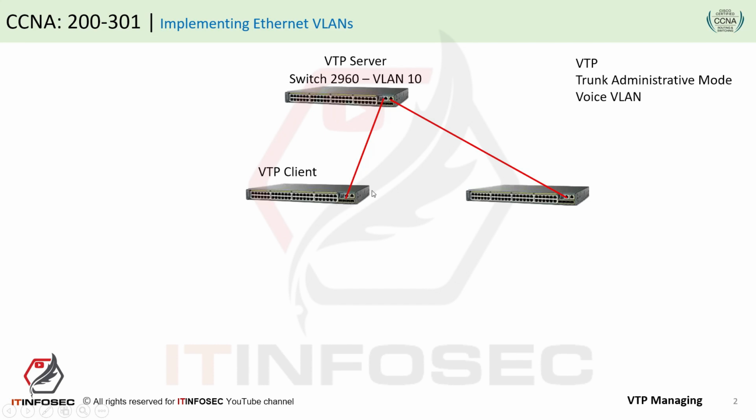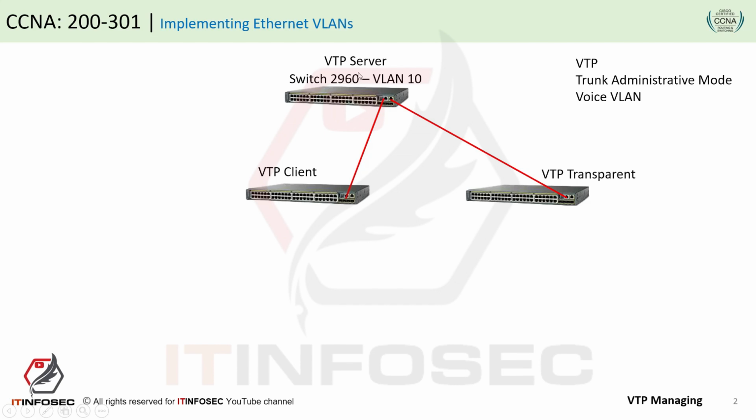But another mode is present in VTP, and that is VTP transparent. What is VTP transparent? It's very much like its name. A switch using this mode does not share its VLAN database. When the switch is configured as VTP server and you manually create VLAN 10 on that switch, you created VLAN number 10 in this VTP server's database.